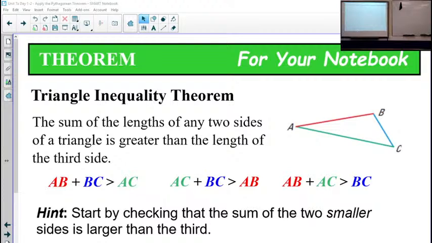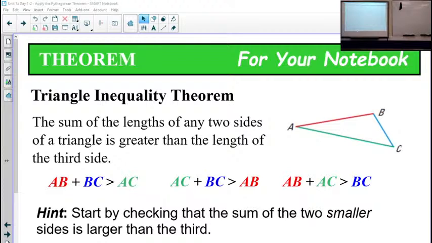I may need to tweak where these sides are a little bit to make the 4 fit properly and to close and create a triangle, but I could do it. And triangle inequality theorem says I can, because 2 plus 3, the shorter sides, are bigger than 4, the longest side.